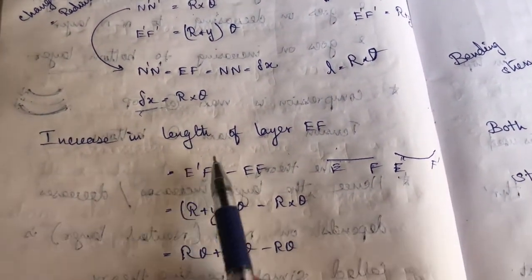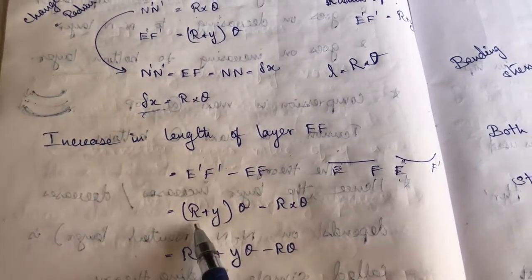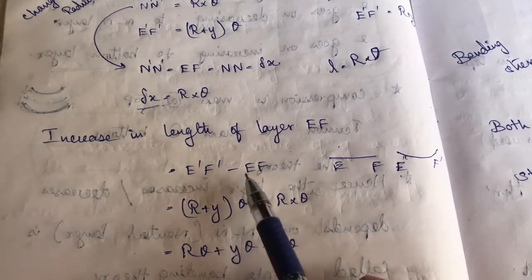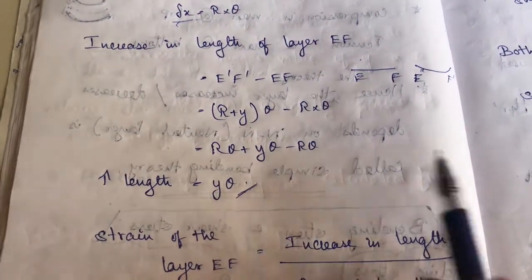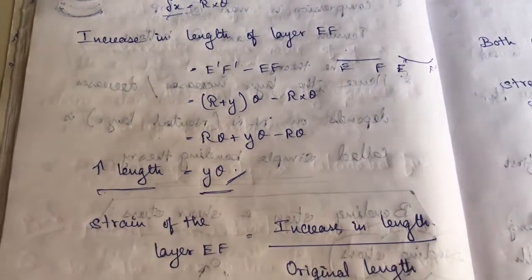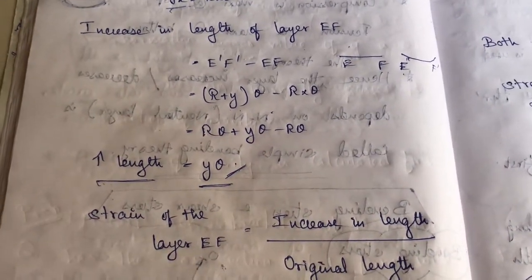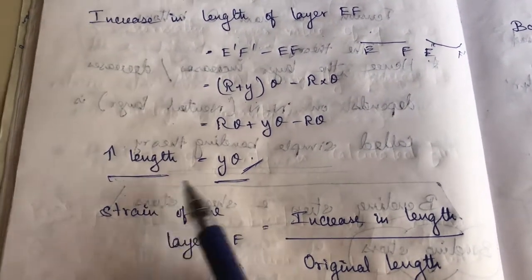E dash F dash minus EF will be equal to R plus y into theta minus R theta. So from this we can easily get y theta. So the increase in length will be equal to y into theta, distance into angle. So we know the increase in length.